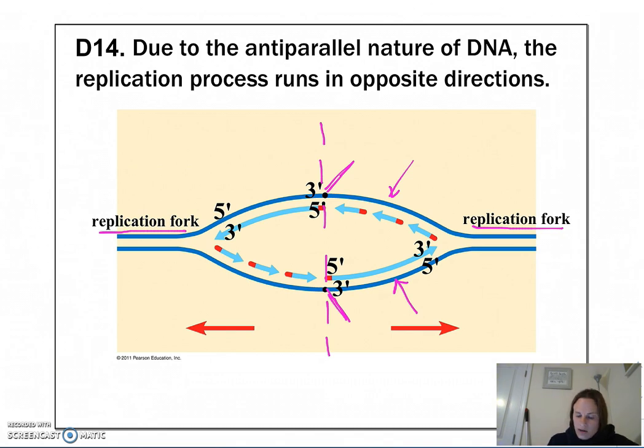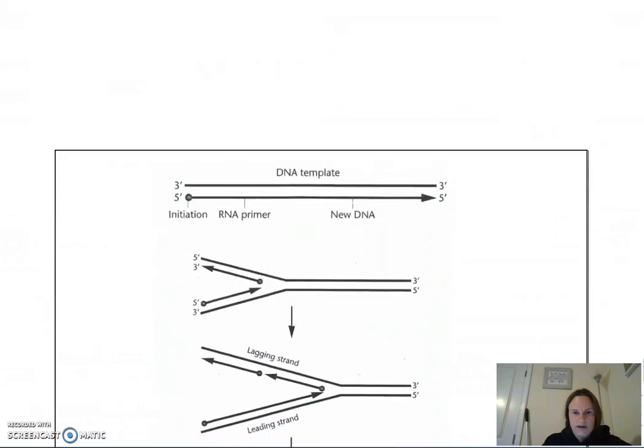But notice, one of those strands runs in the 3' to 5' direction, whereas the other strand runs in the 5' to 3' direction. So within each replication fork, I'm going to have a leading strand and lagging strands. And on this side, I have my leading strand and I have my lagging strands. That's something to be mindful of.